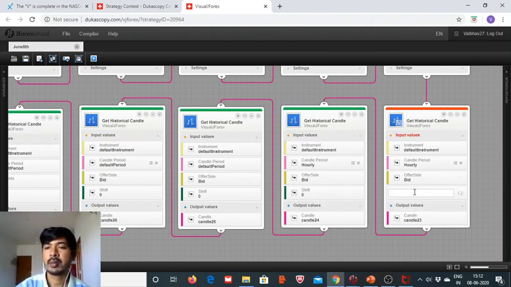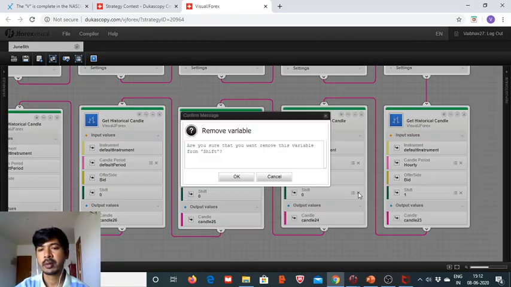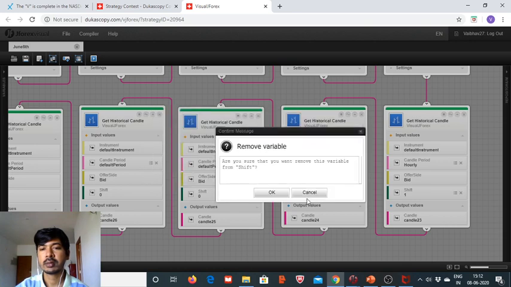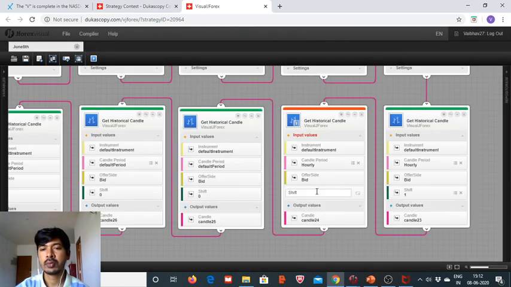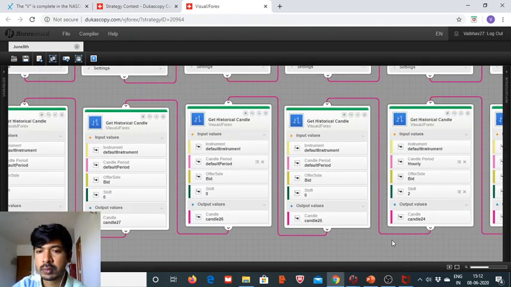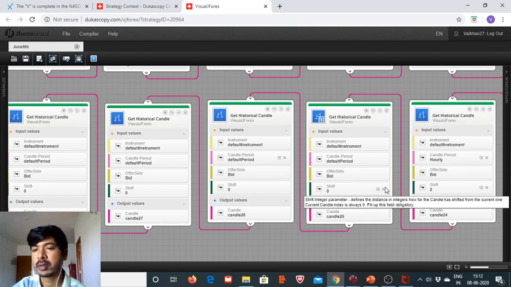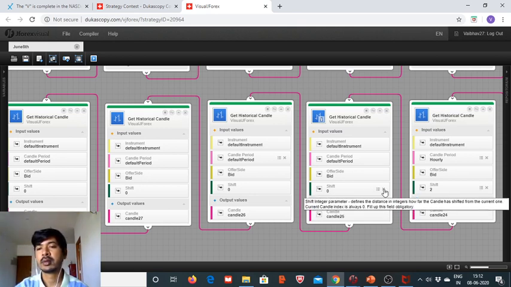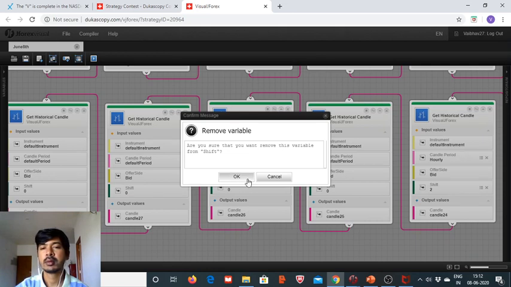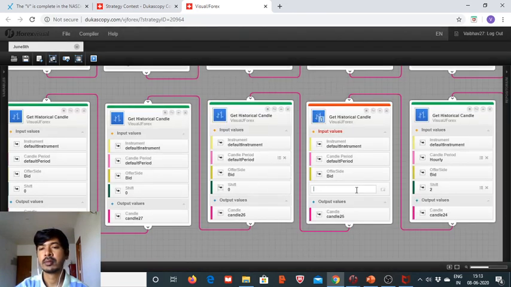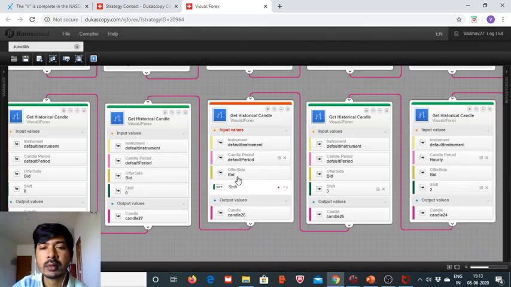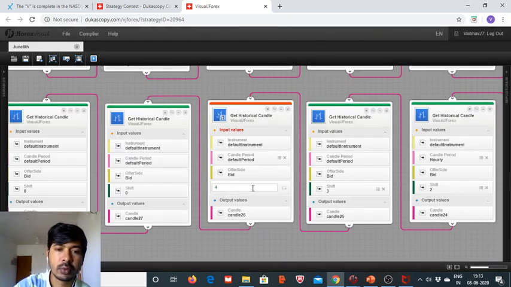So here we make this 1, and this one 2, and this one as 3, this one as 4.